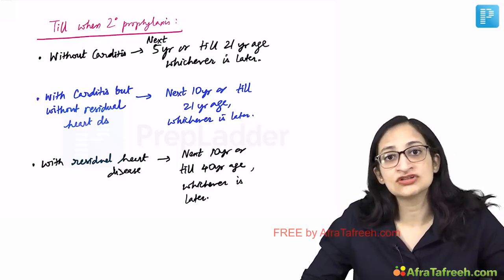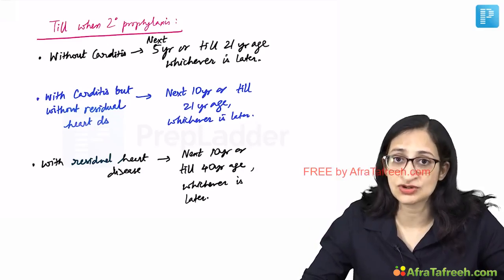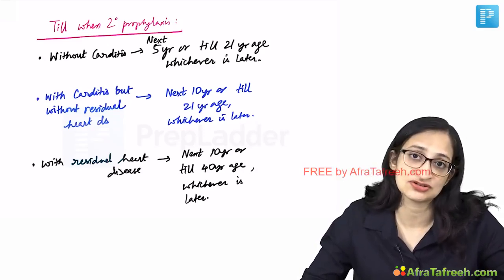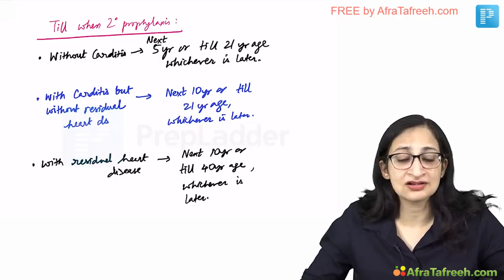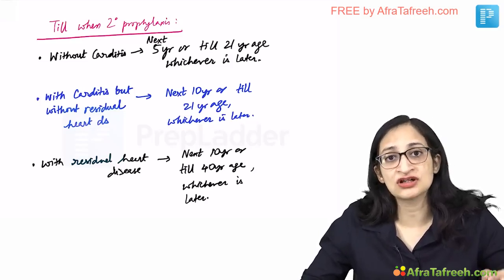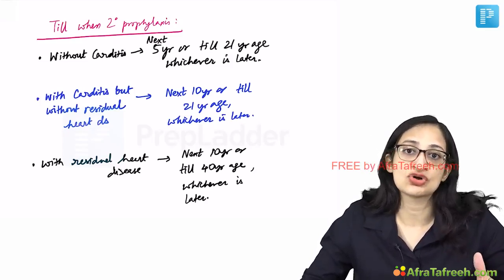These are the things that you need to know from pediatric cardiology. And of course, not to forget the image-based question, which you will see in the images section. So these are the things that you need to know about rheumatic heart disease, a very important acquired heart disease seen in children and across all age groups.